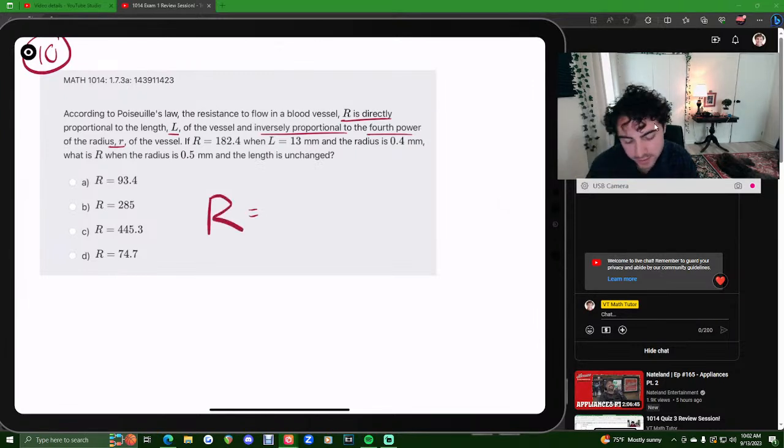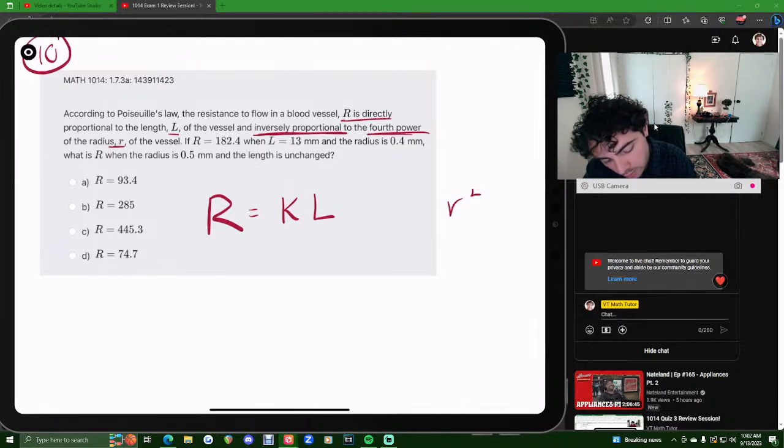Well, if they tell us that R is directly proportional to the length, L, that means we can write R as the product of some constant K times L. But R is also inversely proportional to the 4th power of the radius r, which would be r to the 4th.